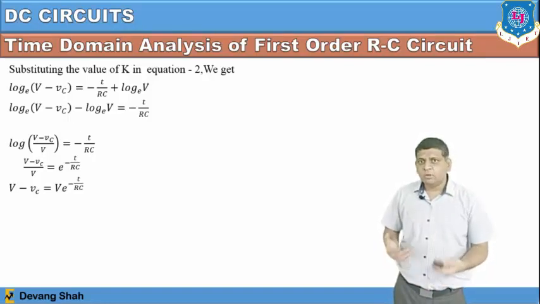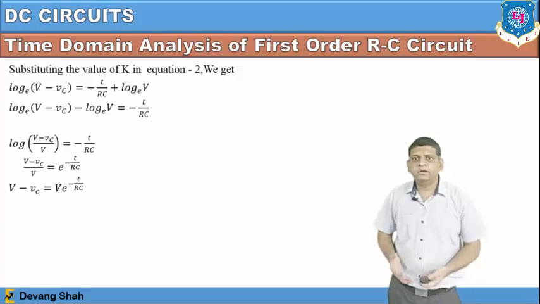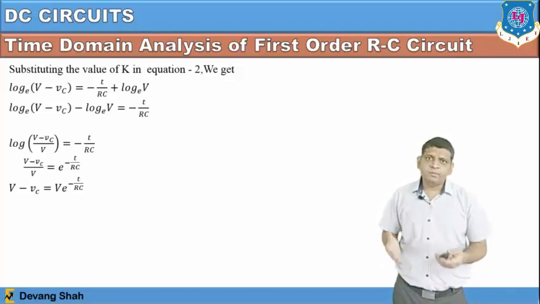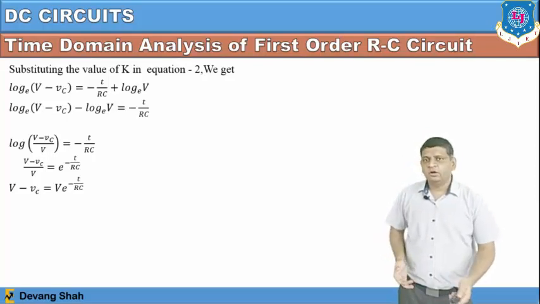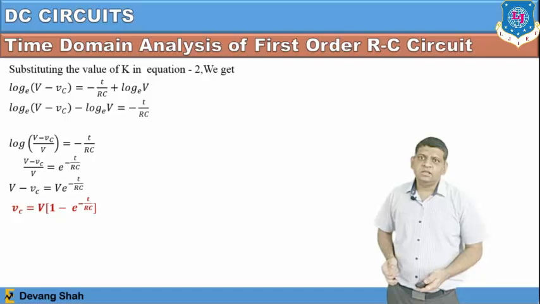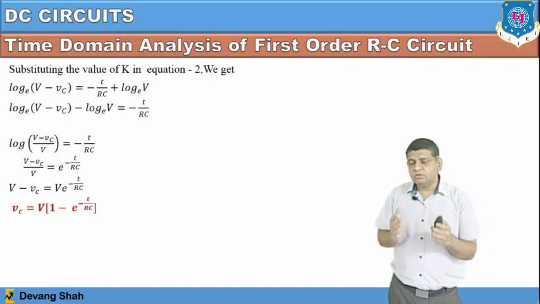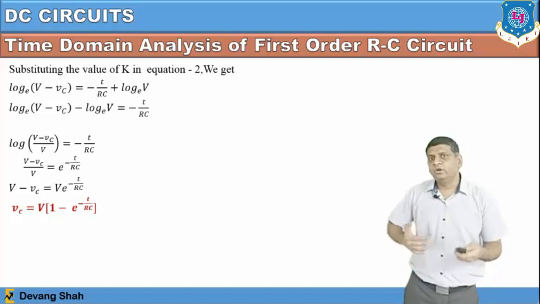Now, my job is to find the voltage drop across the capacitor, right, throughout this mathematical analysis. So if I convert this particular equation in terms of Vc, I finally get Vc is equal to V in bracket 1 minus e raised to minus t by RC. Now this is a very important equation where you can see there is an exponential term, right?